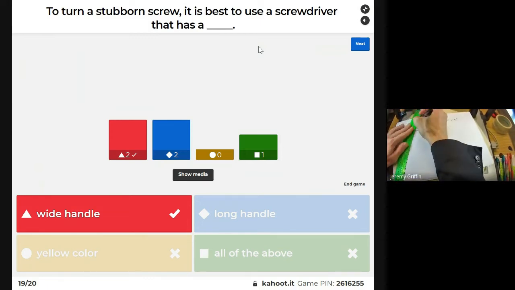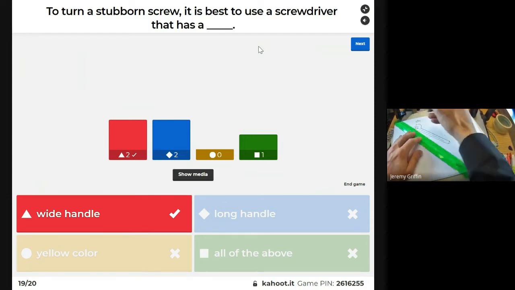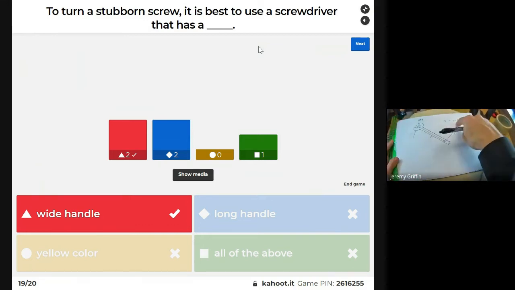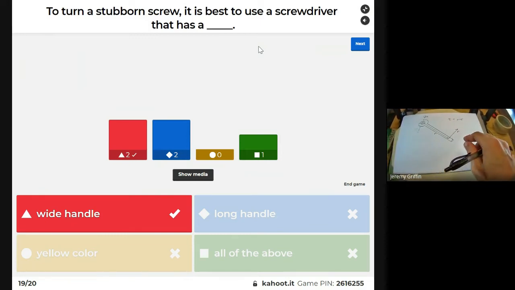Now to simplify this a bit, let's say there's a torque about this point, at this radial distance from that axis of rotation, call it R. So you apply a force perpendicular to that, F. R cross F to get some torque. And the longer the handle for a wrench, the more torque you're going to get.